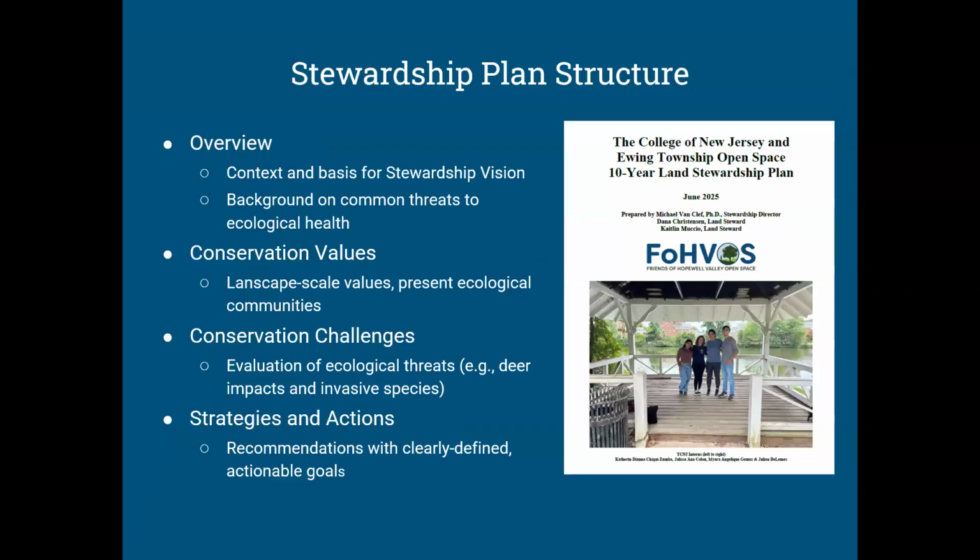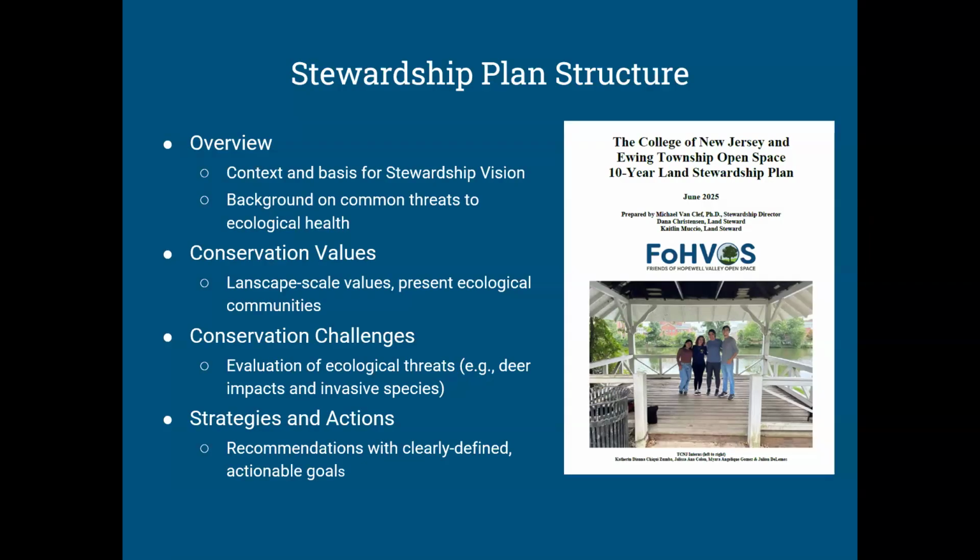Okay, so stewardship plan structure. It's sort of like any kind of report. There's an overview section that talks about the context and the basis for stewardship and having some kind of vision, background on common threats like deer and invasives, a lot of things we've talked about, conservation values, and that could be at the landscape scale, and we'll go into the detail of this.